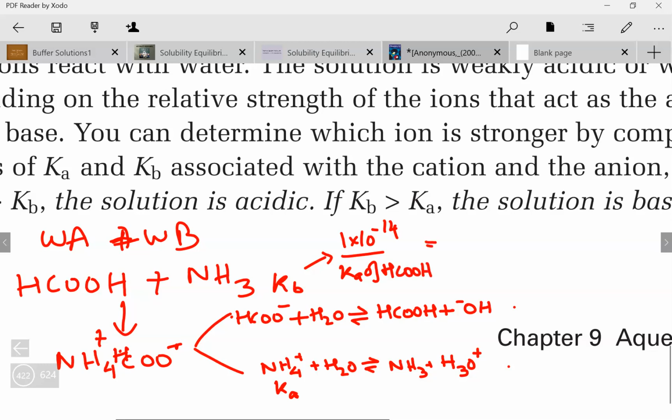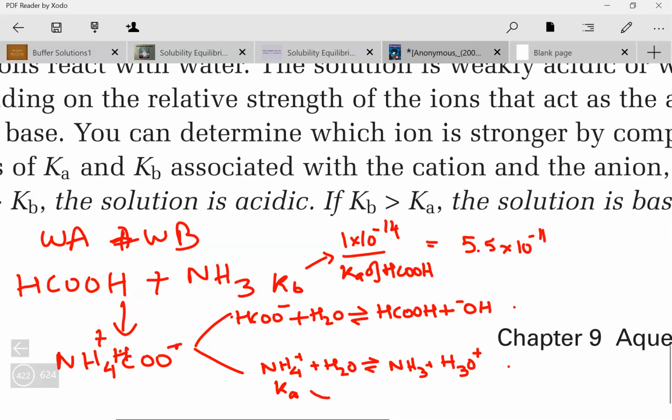The Ka of methanoic acid turns out to be 1.8 times 10 to the power negative 4. So 1 times 10 to the power negative 14 divided by 1.8 times 10 to the power negative 4 gives me 5.5 times 10 to the power negative 11.